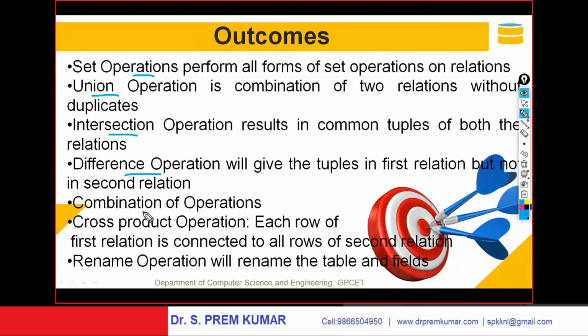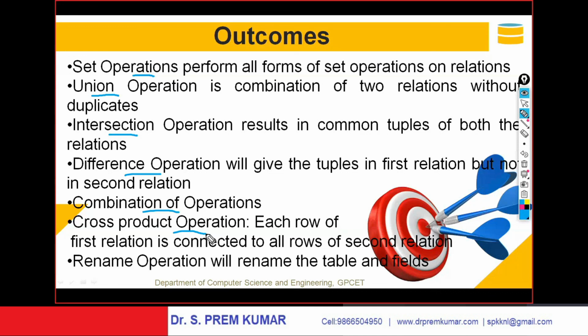And we worked out combinations of operations, union, intersection, difference, selection and projection. We came to know what is a cross product. As per the cross product, each tuple of the first relation gets connected with all tuples of the second relation.